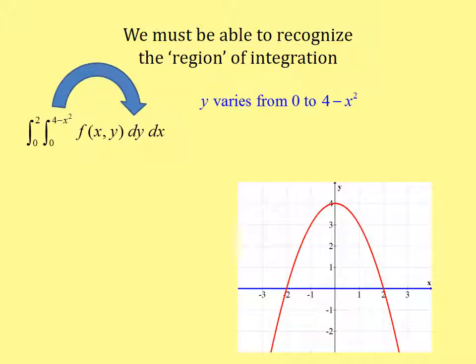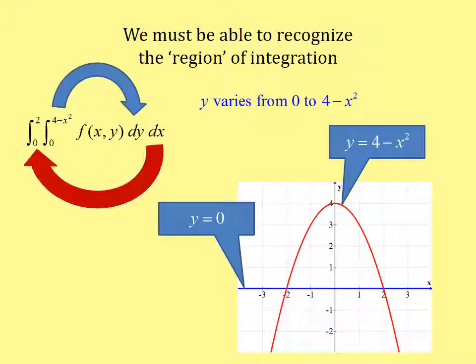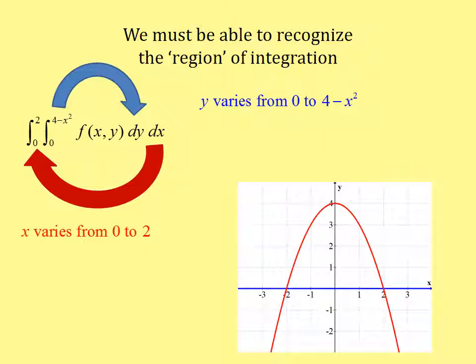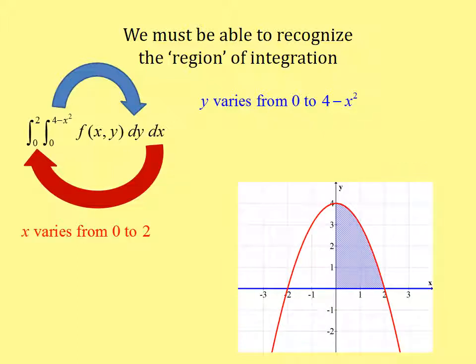So here is a graph of y equals 0, blue, y equals 4 minus x squared, red. Then we need to take a look at the x's, which go from 0 to 2. Well, x equals 0 is the y-axis. And so there's the region described in that double integral.